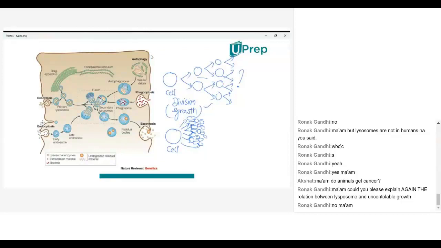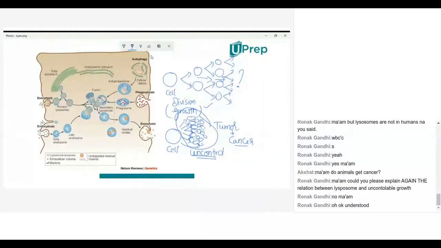This is the stepwise process, but without a stepwise process, you will develop so many cells in an uncontrolled way. This can't be controlled. So this will develop as a tumor. Usually we say the tumor will develop as cancer. So if this point is clear, then we'll relate this with lysosome.